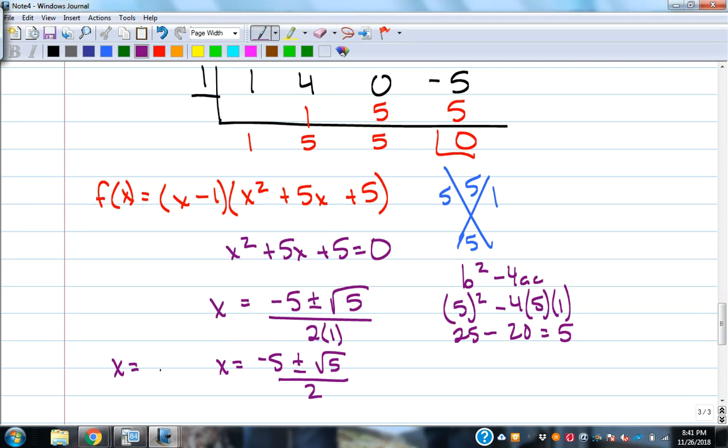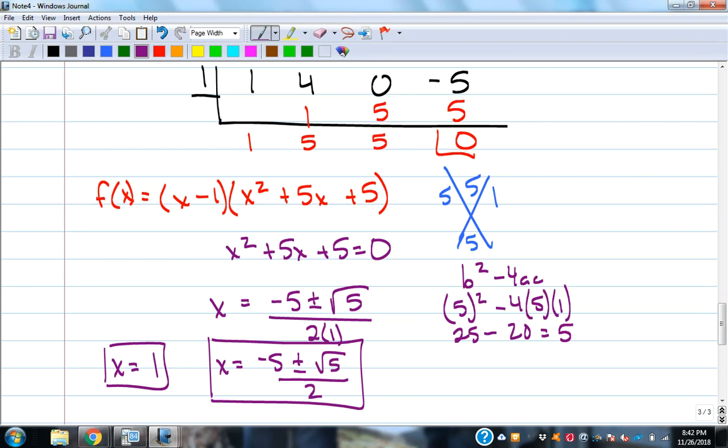And then our other 0 is the 1 that we started with. So we have 3 solutions to this problem. The one they told us about, the one with the -5 plus square root of 5 over 2, that's the second one. The other one is -5 minus square root of 5 over 2. That's 3 solutions.